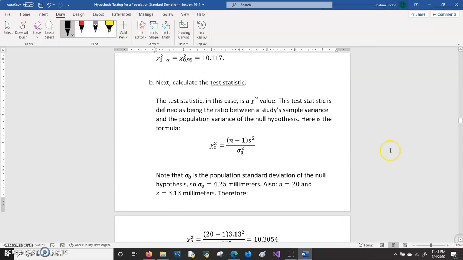The next thing to do is to calculate the test statistic. And the formula for the test statistic is this formula. Again, it's the ratio of the sample variance to the population variance. Note that sigma sub 0 is the population standard deviation of the null hypothesis. So in this case, sigma sub 0 is the 4.25.